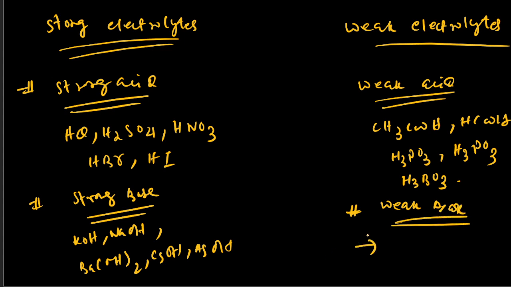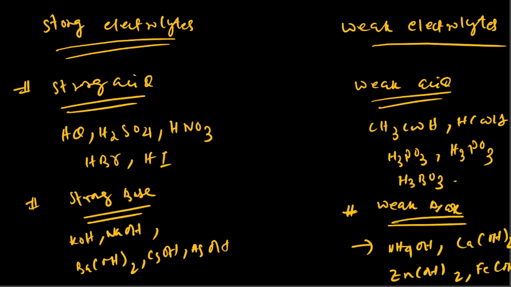weak bases are like NH4OH, Ca(OH)2, Zn(OH)2, Fe(OH)3, these things.